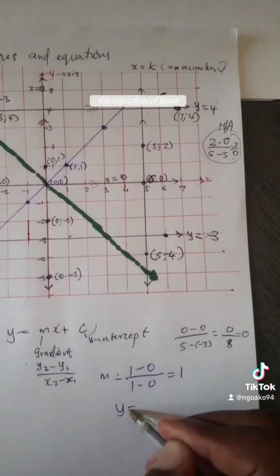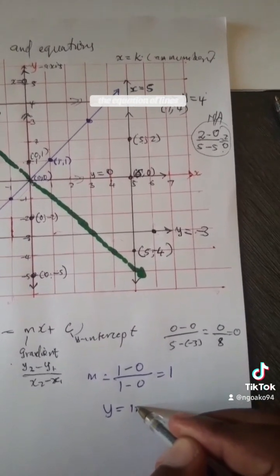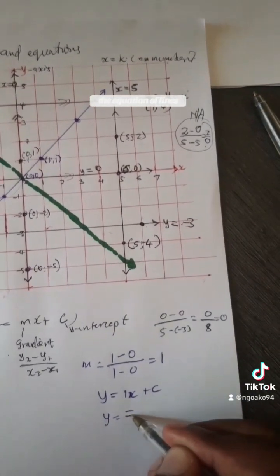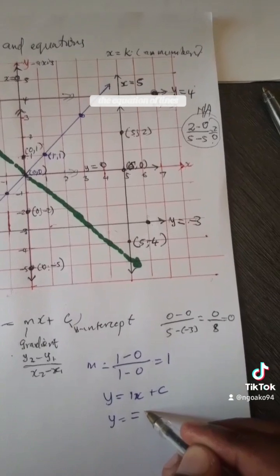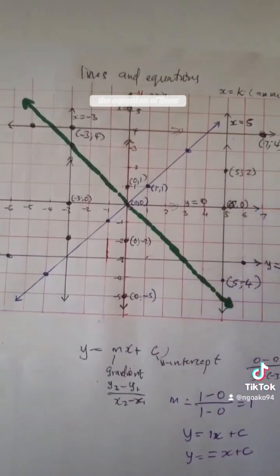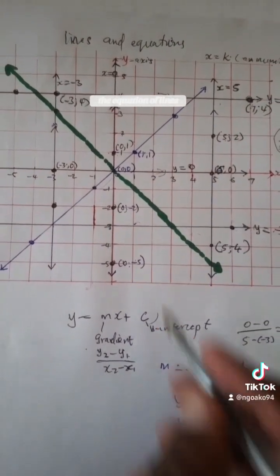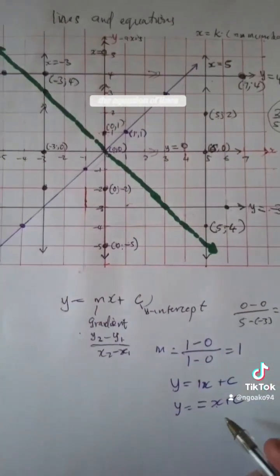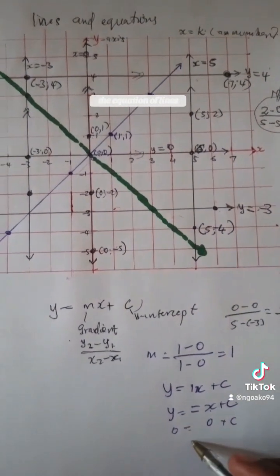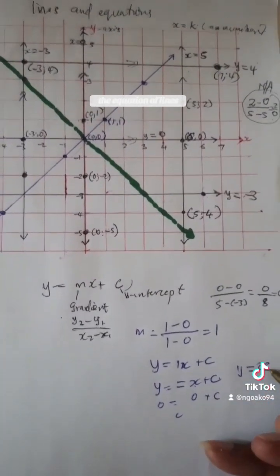If the gradient is 1, then we have y equals 1 multiplied by x plus c, which is y equals x plus c. To find c, you substitute 0 and 0, which is one of the coordinates, or 1 and 1. So we have 0 equals 0 plus c, so c is 0. So the equation of this line is y equals x.